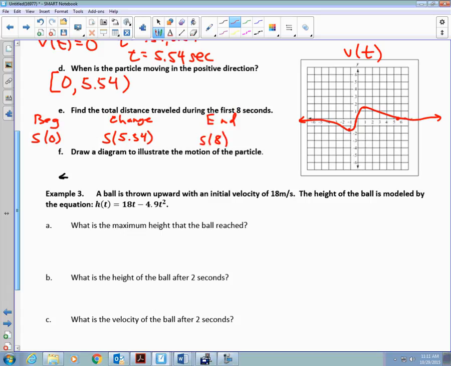Now, a lot of times people want to check only the beginning and the end. But if I just check the beginning and the end, what would be my total distance traveled? 0, right? But that's my displacement. In order to find my total distance traveled, I have to also check where I am when I change directions. So let's draw this graph and get it figured out.